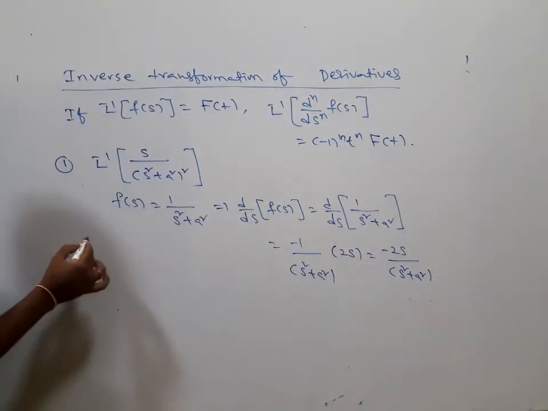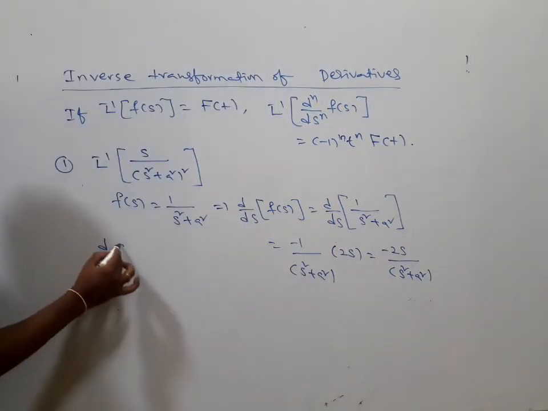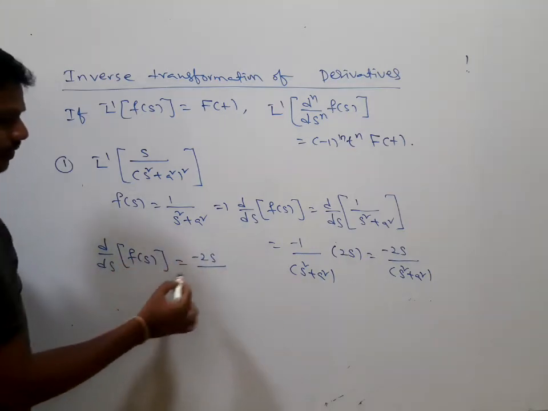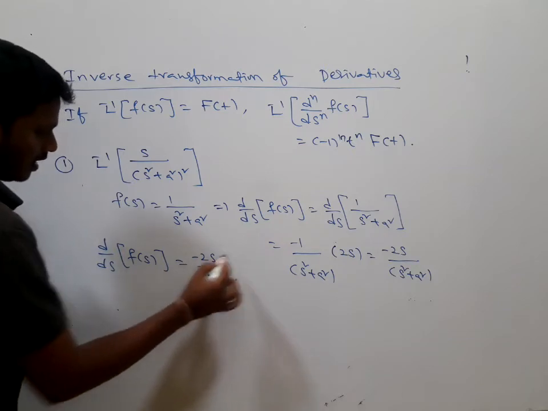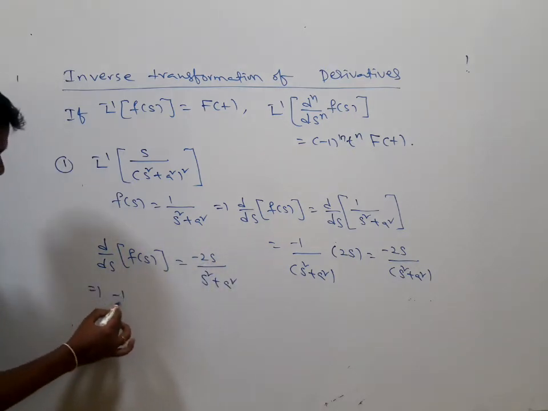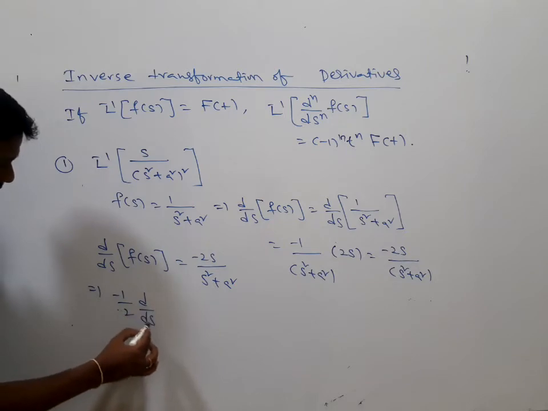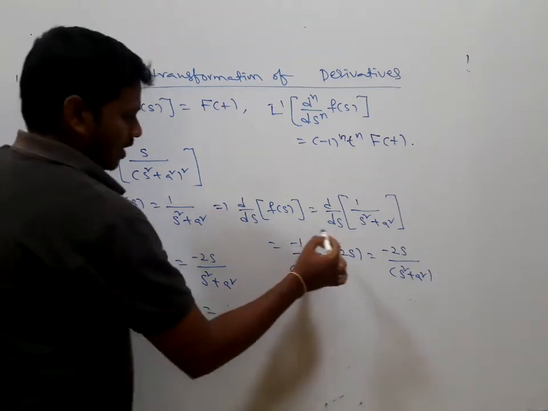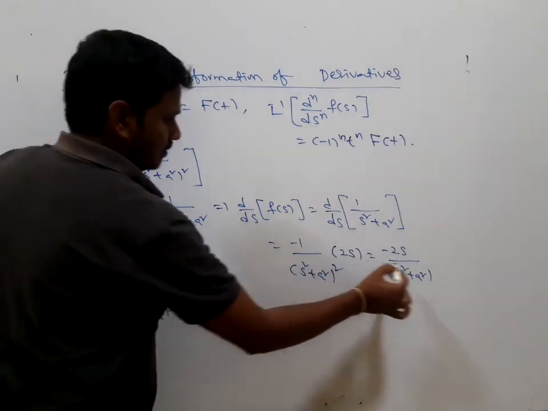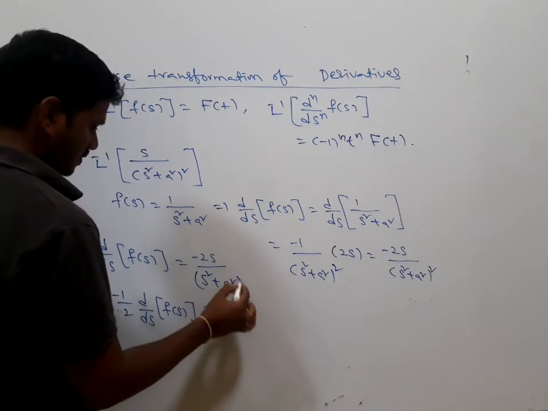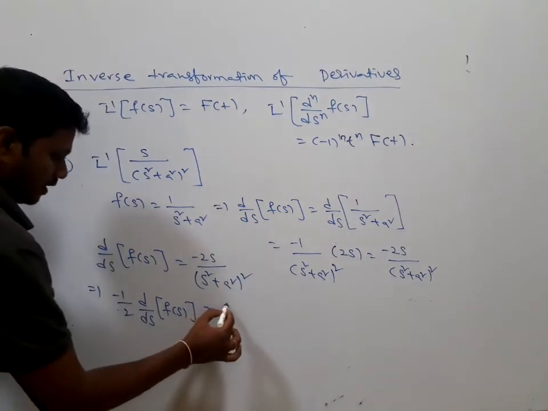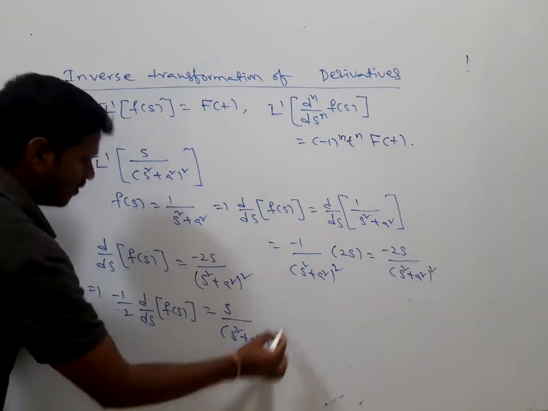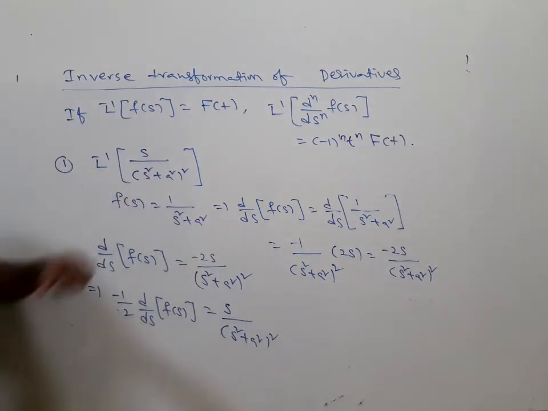So finally what we have? d by ds of f of s is equal to minus 2s divided by (s square plus a square) whole square. This is the same as minus 1 by 2 into d by ds of f of s is equal to s divided by (s square plus a square) whole square, right? We have the term.